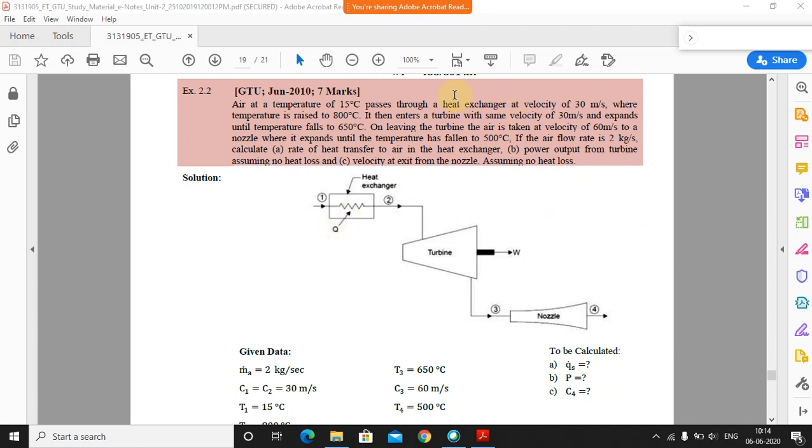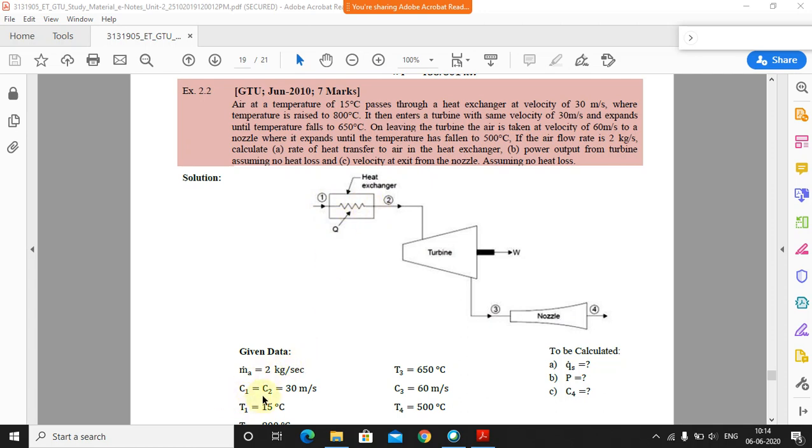So what is given: basically the mass flow rate, which is 2 kg per second. Then C1 and C2 are given, as it passes through the heat exchanger at a velocity of 30 meters per second. In a heat exchanger we have seen that there is no velocity change, so the velocity entering is 30 and leaving is 30.